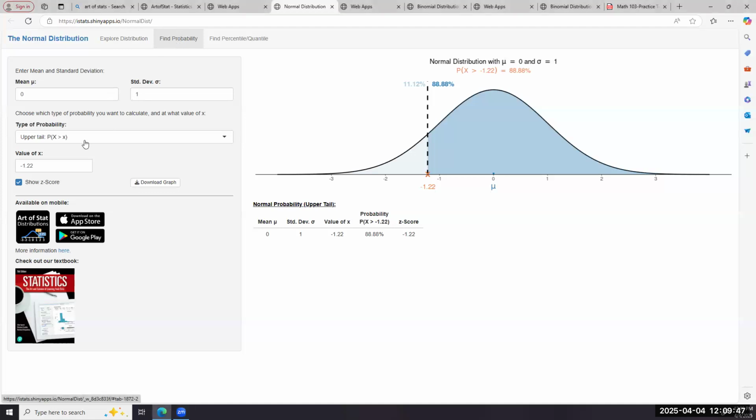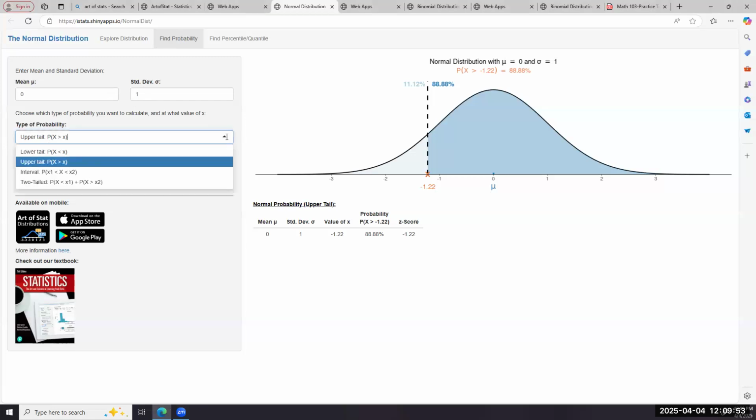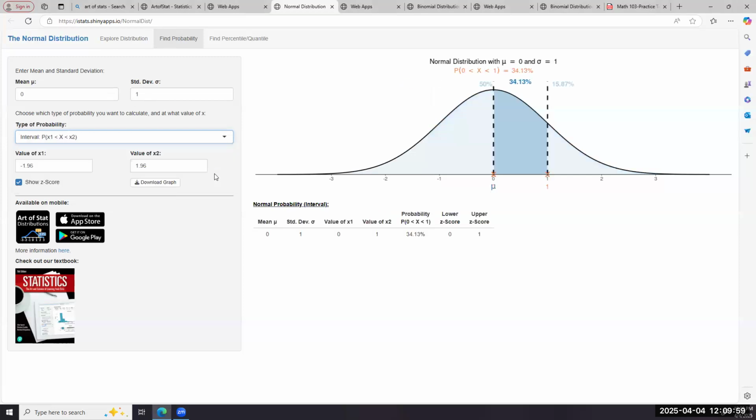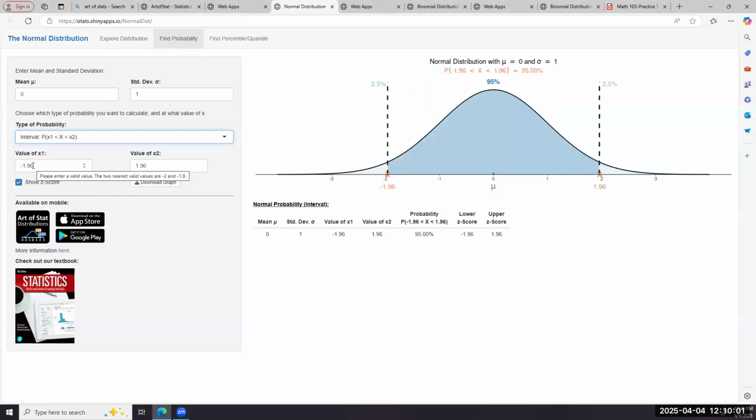The numbers that you are going to use, you have to change this one first because you are interested in the area in between. So click on this: probability x between x1 and x2. That gives you a value for x1 and a value for x2.